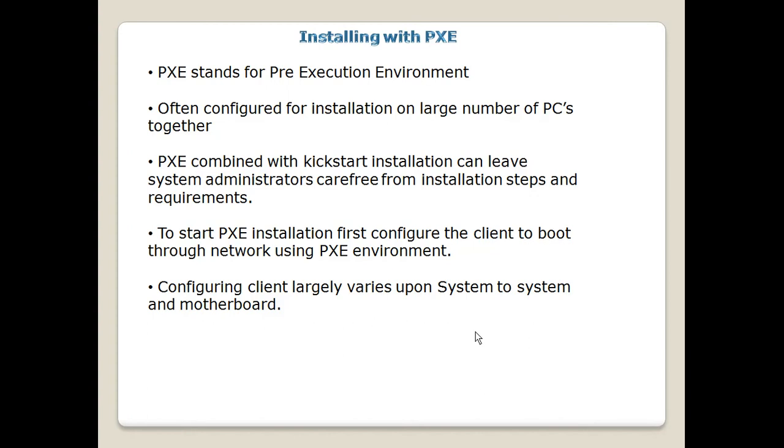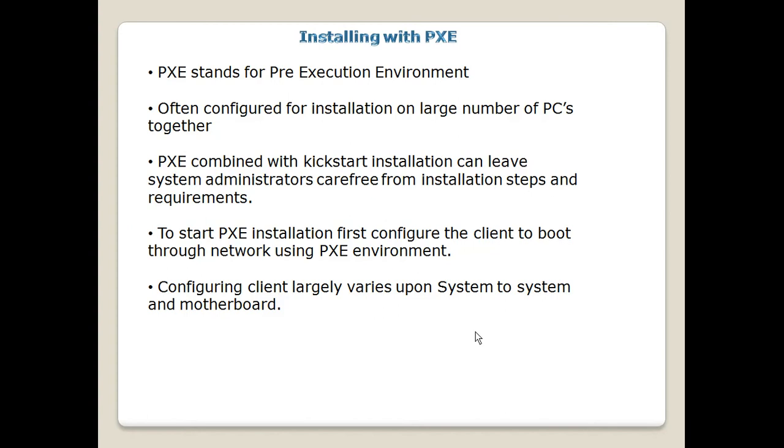After obtaining the IP address from the DHCP server, your system accesses that TFTP server, loads the boot CD or the kickstart file from that network location, and boots it using the network based installation.